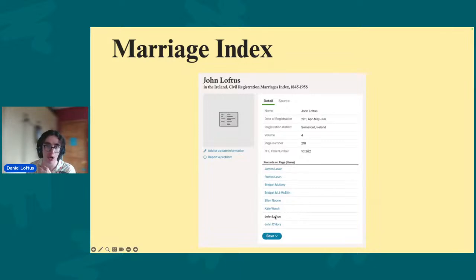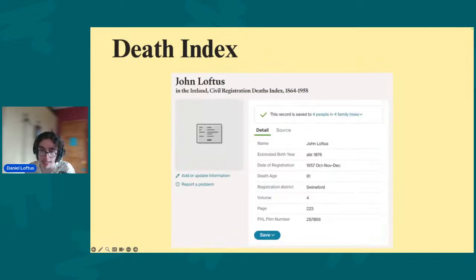For all I know, if I didn't know any better, I might have assumed that it was John Loftus and Kate Walsh, even though that might not be true. But because John's marriage is online, I can look at that anyway. And then the death index: again, I have the reference number and approximate year of birth based on the age given and the date of registration.